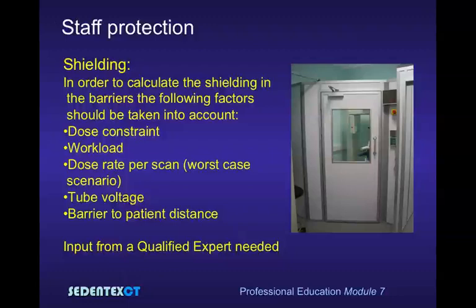In order to calculate the shielding required in barriers, we need to consider the following factors: any relevant dose constraint that has been set, the workload in that particular cone beam CT facility, the particular dose rate per scan, remembering that different cone beam CT machines produce different amounts of scattered radiation, and a worst case scenario is usually used in determining the need for shielding, the tube voltage, and the likely distance between the barrier position and the patient.